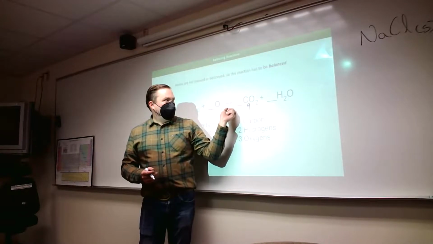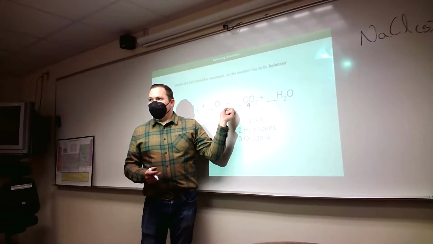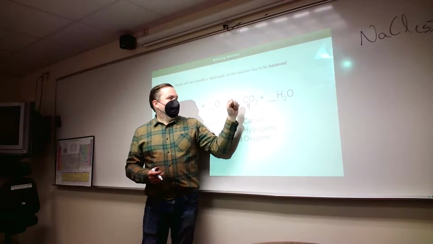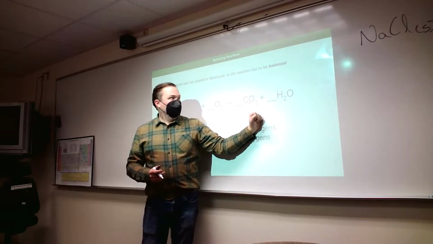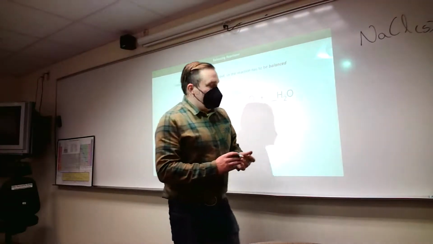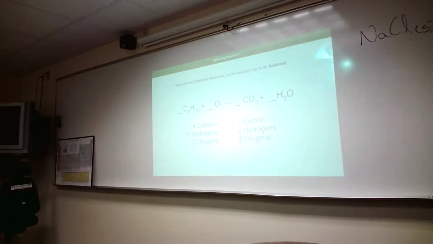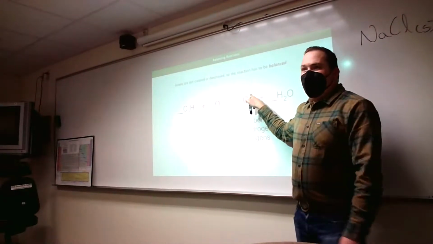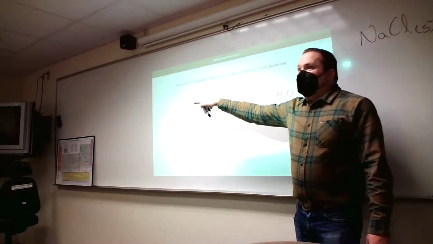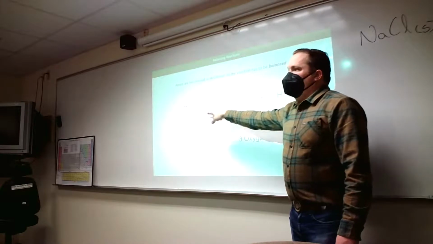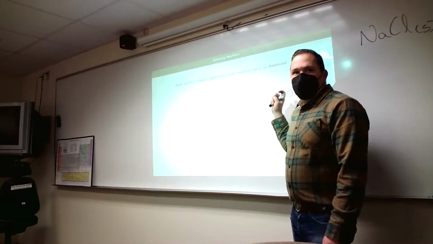You can name it if you want: tetracarbon dioxide. It's not something that really exists though. So as a result, we don't want to balance things by changing subscripts. Once you have your compounds, we only deal in whole numbers of each molecule.